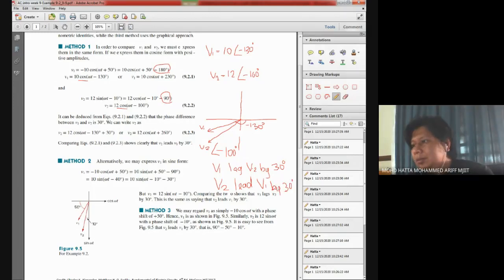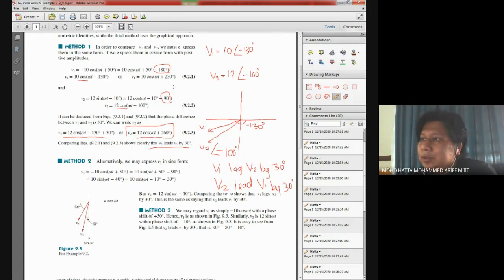So here I have the confidence that V2 is leading V1 by my graphical representation, not just by looking at the equation. But the way they determine which one is lead, which one is lagging is by using the equation itself, and plus 30 degrees.